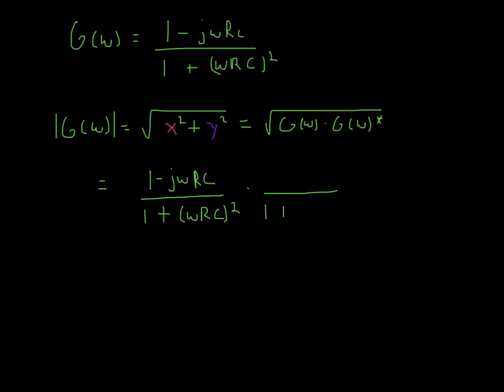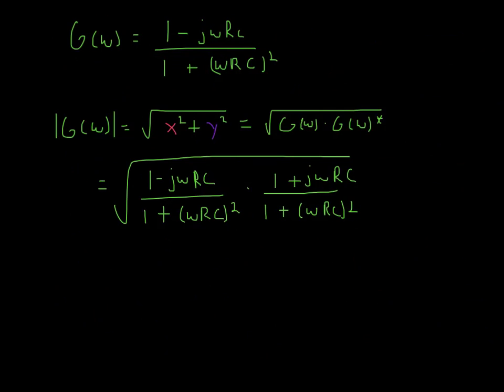So on the bottom is still 1 plus omega RC squared, and the top is what's different. It's going to be 1 plus j omega RC. That's what makes the complex conjugate here. We just flip the sign on the j. And then in order to get the right magnitude, we have to square root basically the sides of that triangle.